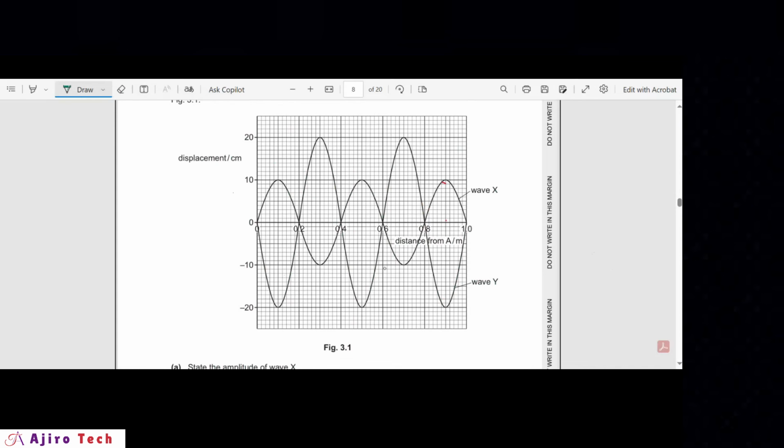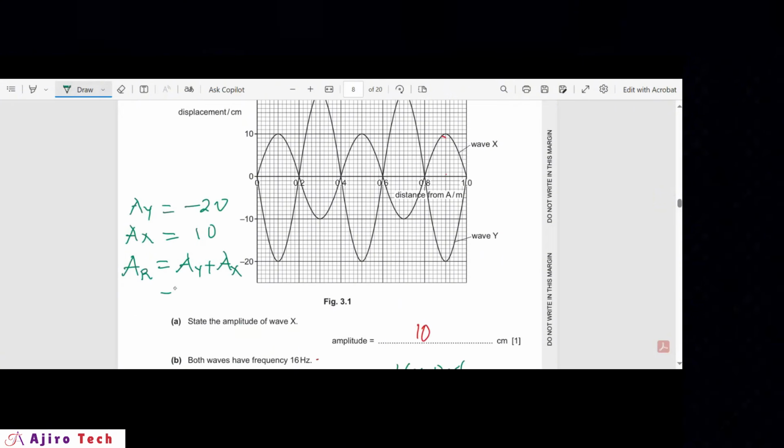This is Y. The amplitude of Y is minus 20. The amplitude of X is 10. So what's the resultant amplitude? We add the amplitude of Y plus the amplitude of X. So I'm going to have minus 20 plus 10. That will give me minus 10.